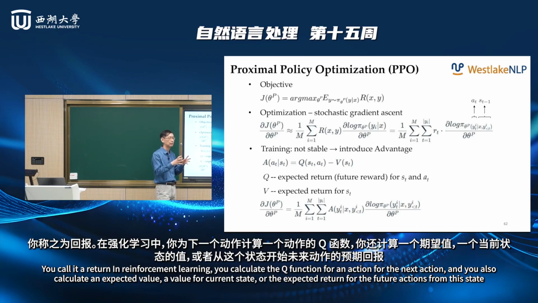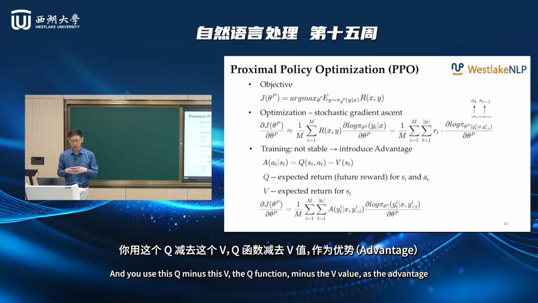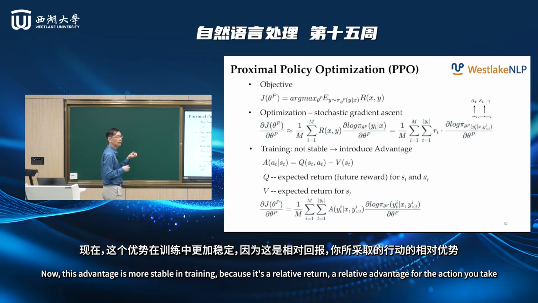You call it a return in reinforcement learning. You calculate the Q function for the next action, and you also calculate an expected value, a value for the current state, or the expected return for the future actions from this state. And you use the Q function minus the V value as the advantage. Now, this advantage is more stable in training because it's a relative return, a relative advantage for the action you take.